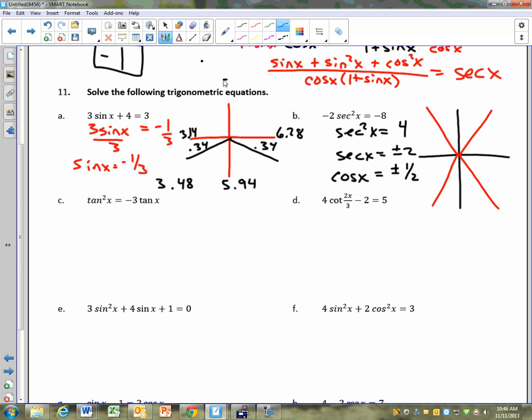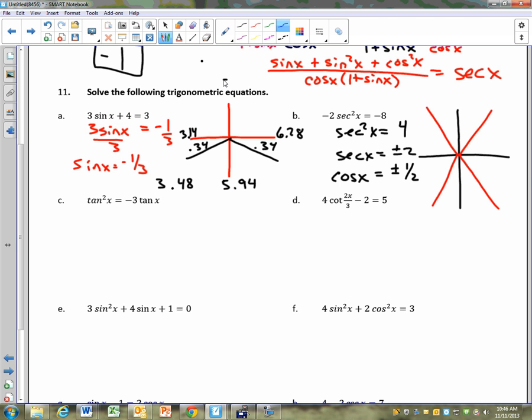Now, I just want to show you a trick so you can understand. When you end up with a nice value like 1/2, go to the front of your unit circle. Where is cosine equal to 1/2 in radians? Pi over 3, as well as 5 pi over 3, right?